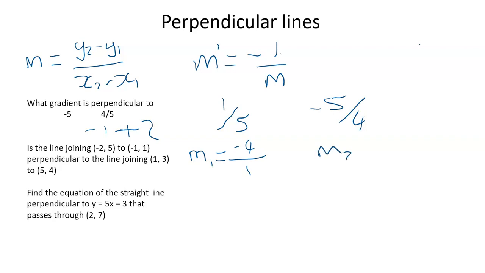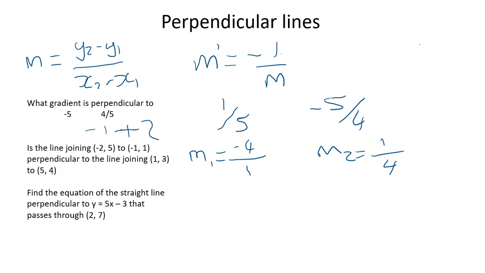And m2, the second gradient, is the y value take the y value, so 4 take 3 is 1, over 5 take 1 is 4, so it's 1 over 4. So we've done the difference in the y values divided by the difference in the x values.